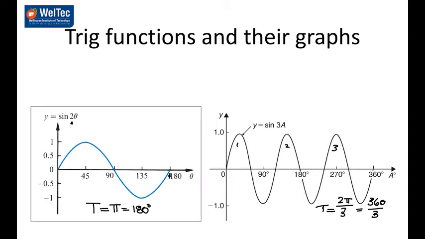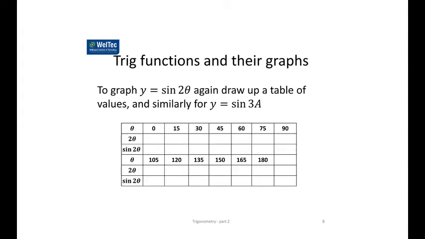Now it's going around 3 times as fast, so we would write the equation as y is equal to sine 3a. If we didn't know what it looked like, we would fill in a table of values.